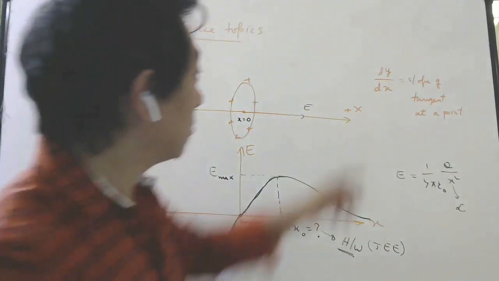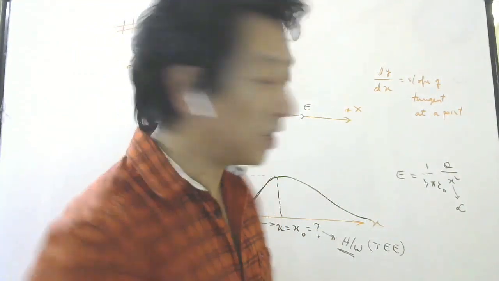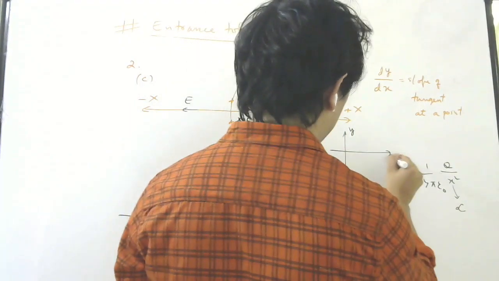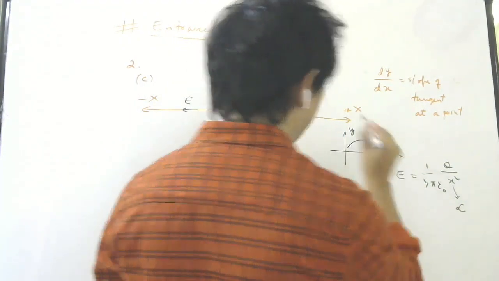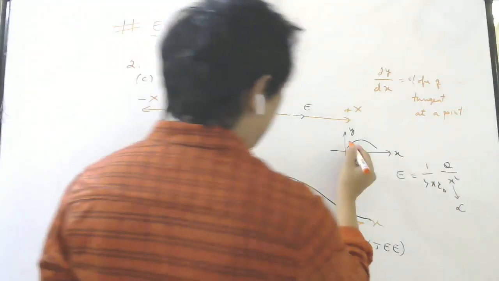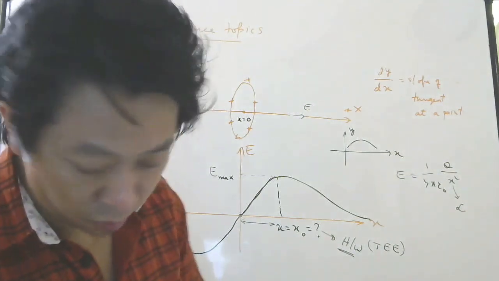Meaning, y is some function of x. I told you before, y equal to f of x, right? So imagine my y is here and my x is here and the graph looks like this. Then at this point, if I ask you to draw a tangent, how will you draw it?